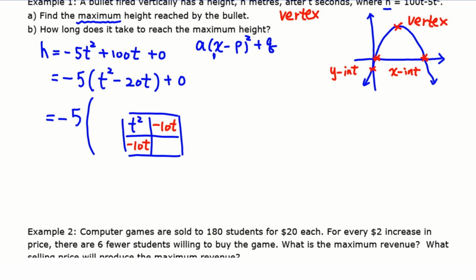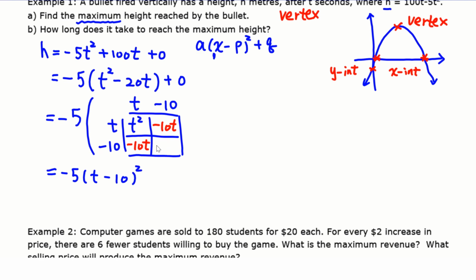So we factor the first row common. It's always, because it's a simple trinomial, we have t here. Then this area divided by t gives you -10. This area divided by t gives you -10. So you have t minus 10. That is a perfect square we have. Then don't forget, this doesn't equal to this t squared minus 20.